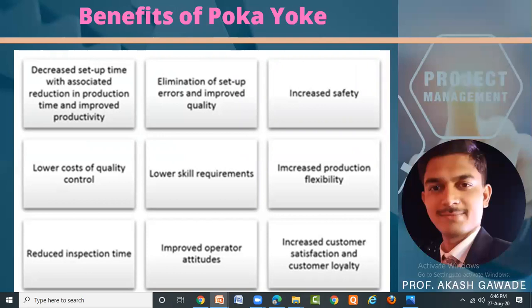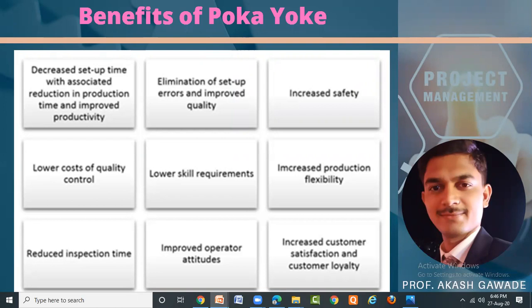Whenever you make an arrangement for avoiding a particular defect, the defect will be detected automatically. That means time reduction, and the production rate will also increase. That's why these are the benefits after implementing the Poka Yoke technique.